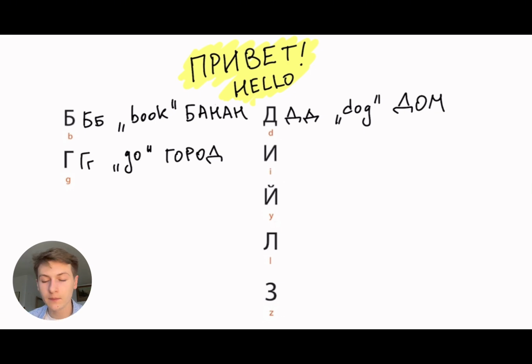Next one will be I. Sounds like E in the word see. And Russian example could be сыр и хлеб.